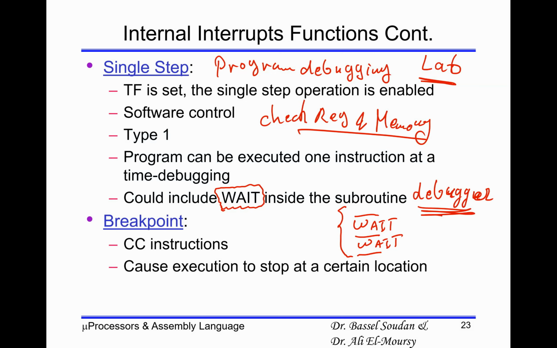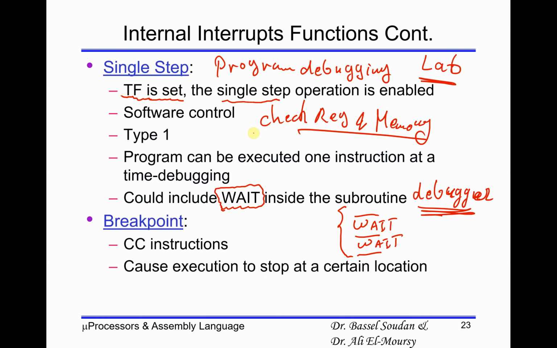Okay, so the most important thing that you have to know here is that the single step is one of the types of the internal interrupts, and there is a flag that allows this, which is the trap flag. When the trap flag equals 1, that means I'm enabling single step execution for my program.